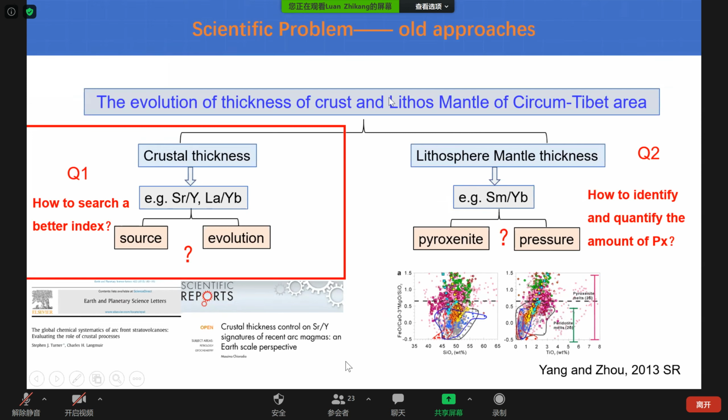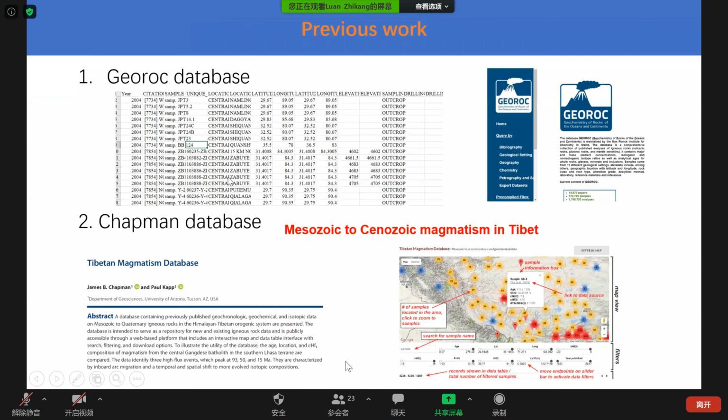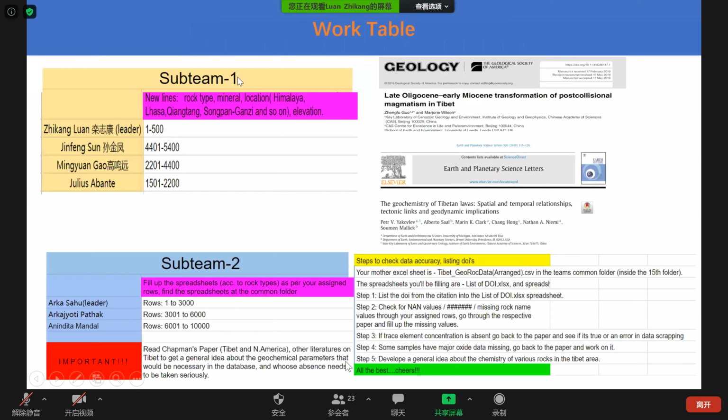And here is the work we have done. We collected the GeoRoc database and the database of Chapman. And this week, we divided our team into two subteams. The subteam one is working on Chapman's database.